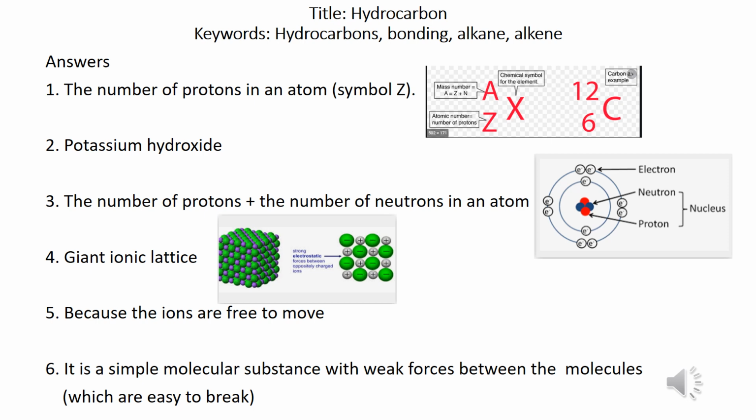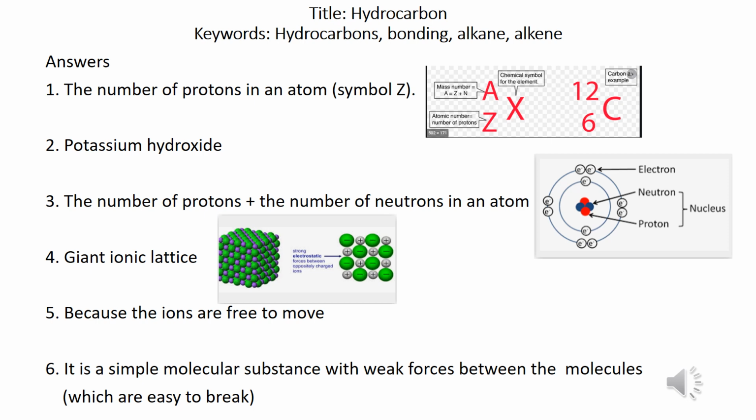Question number 4. What is the name for a substance made of billions of oppositely charged ions joined together? So this type of structure or substance is called giant ionic lattice. That means giant ionic structure, like you can see on the diagram next to it. So you have the giant ionic structure, and this giant ionic structure is made from oppositely charged particles.